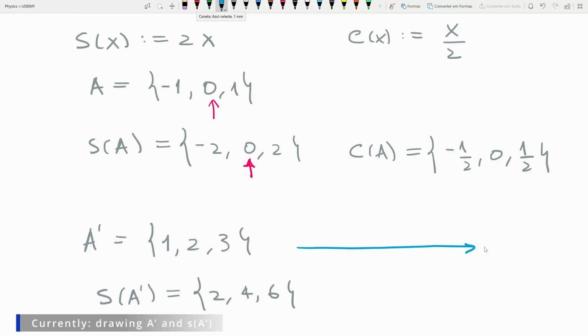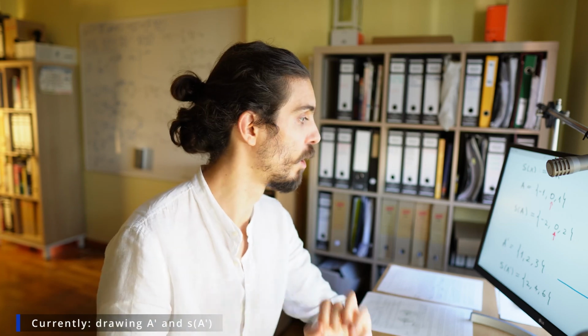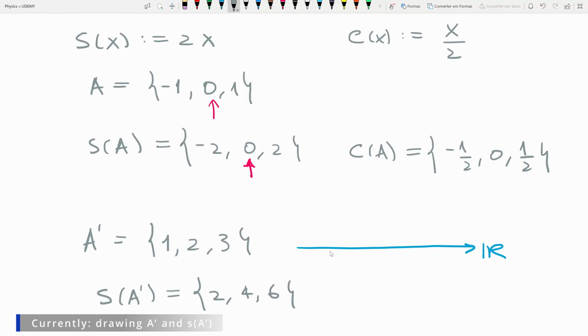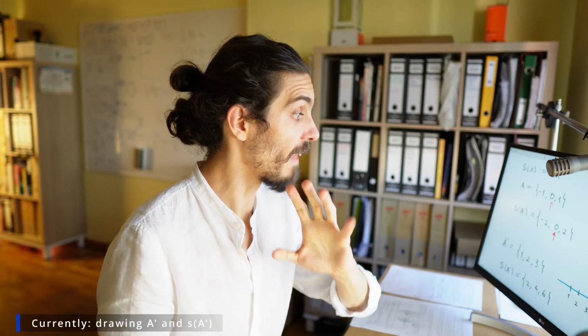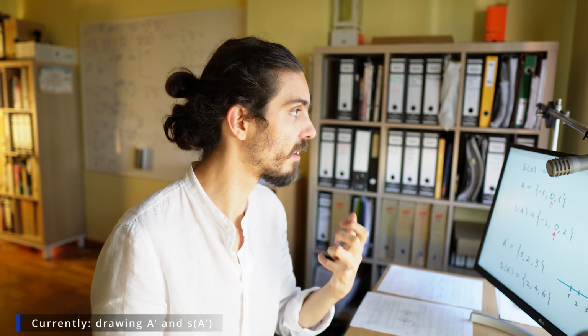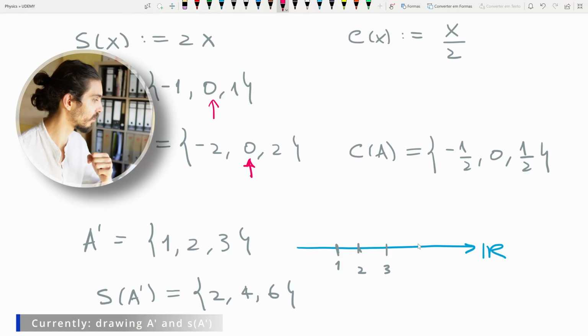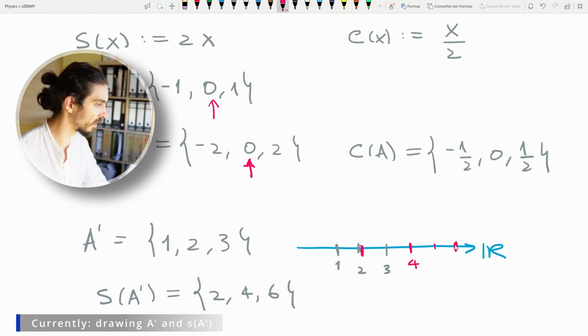This is the real line, R, so it's the domain of our function s. In this real line, we find the set 1, 2, and 3. And after I act with the function s, I get 2, I get 4, and I get 6 here.